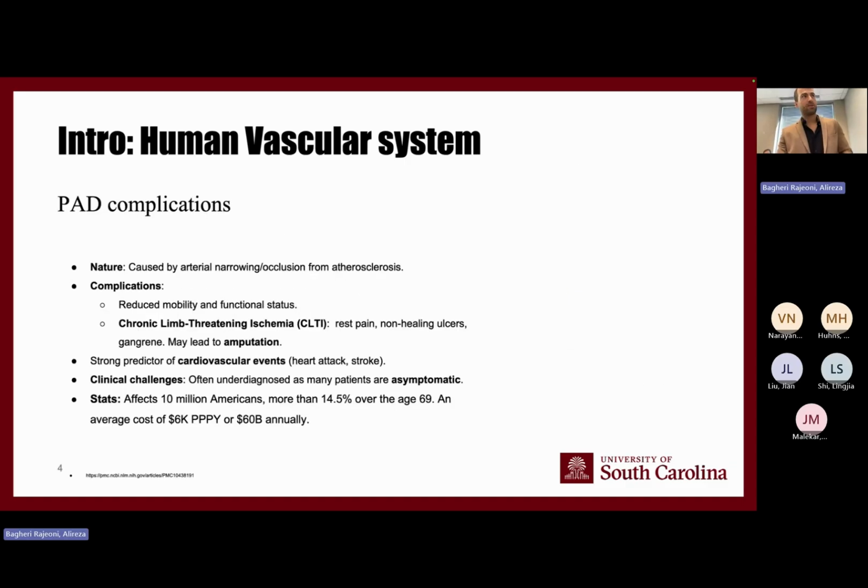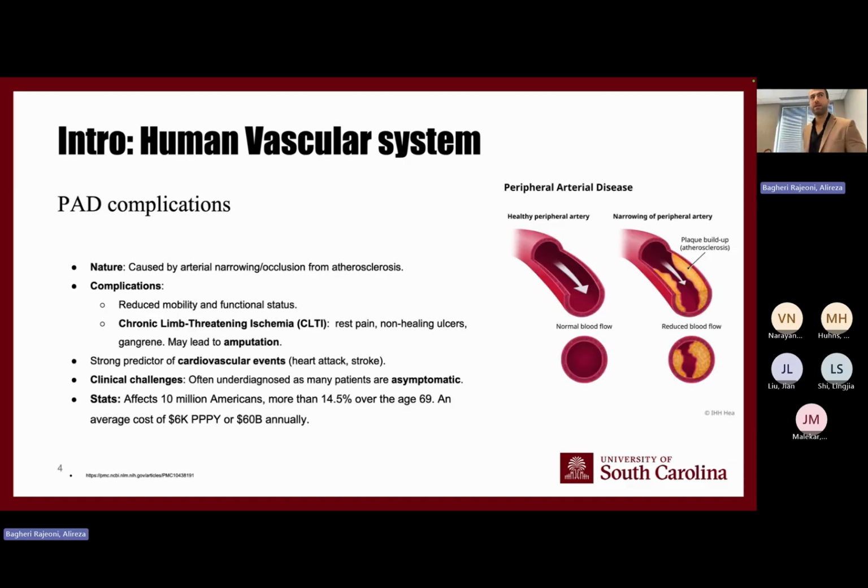And so the first one is PAD complications. PAD happens when there is arterial narrowing or occlusion from atherosclerosis. The left one is a healthy vascular system. The right one is PAD. It's calcium built up on the wall of the vascular system.